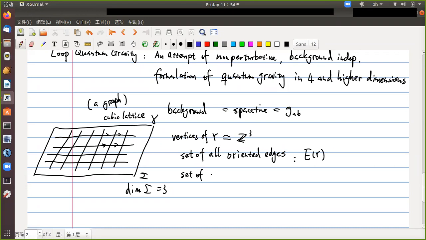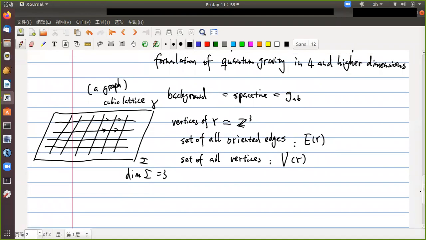And you also have the set of all vertices, which I will call V gamma. This is notation I will frequently use in the following.